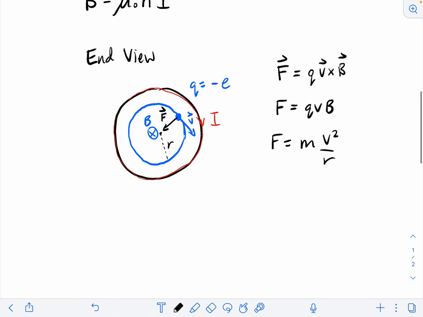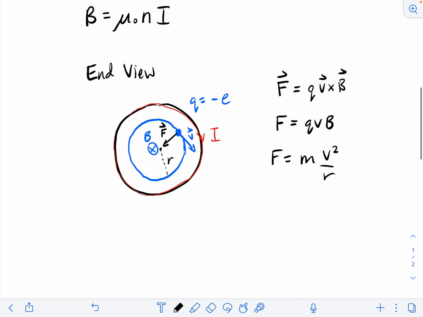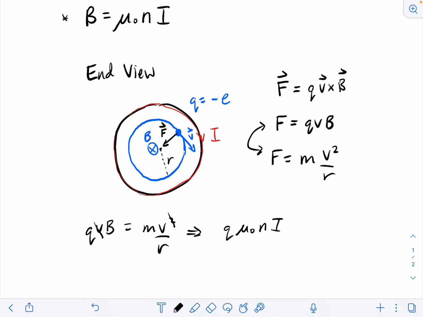Okay, and so all we need to do is combine all of these results. We'll take these two forces and equate them to one another. qvB is mv squared over r. We can cancel one factor of v, and we can substitute in our expression for the magnetic field, so that we have q times mu naught times the number of turns per unit length n times I equals m v over r.